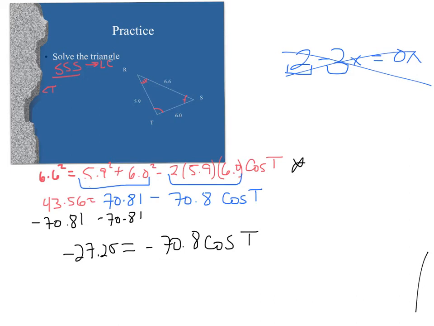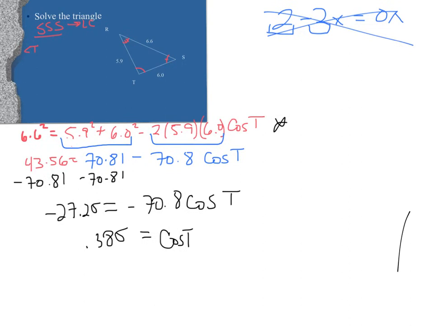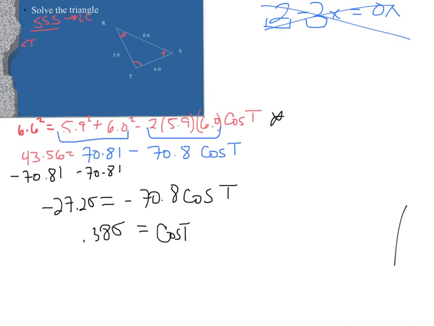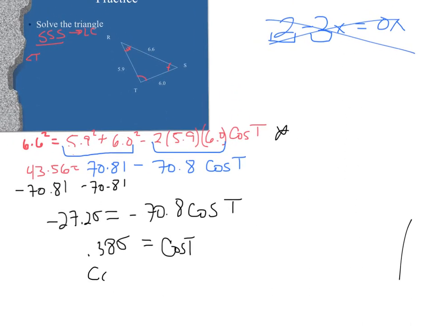Then I divide out, and I get cosine of T is equal to 0.385. Okay, so we got our trig value. Let's take cosine inverse of 0.385, and that's going to equal 67.4 degrees.